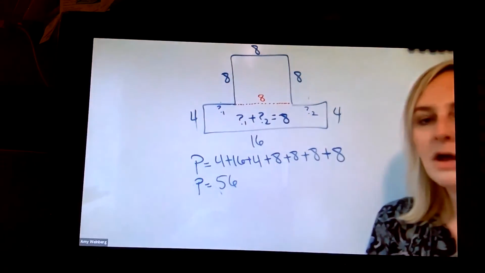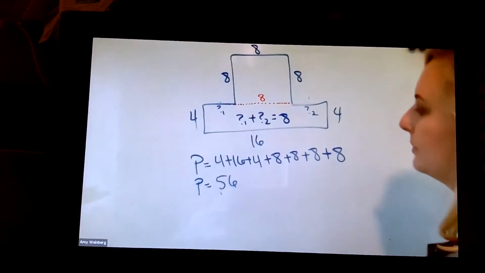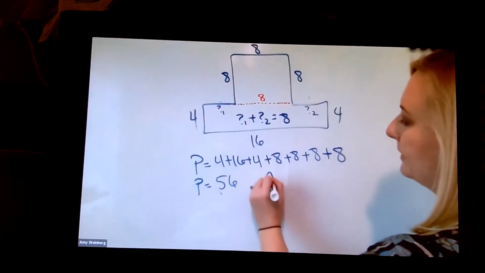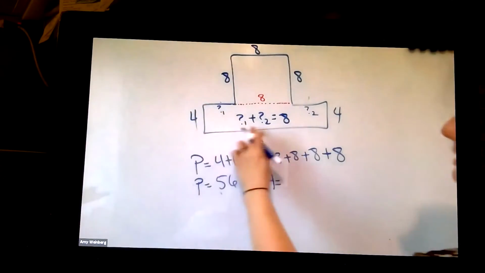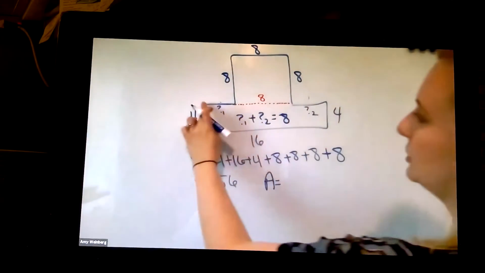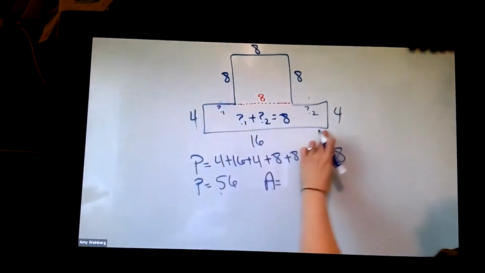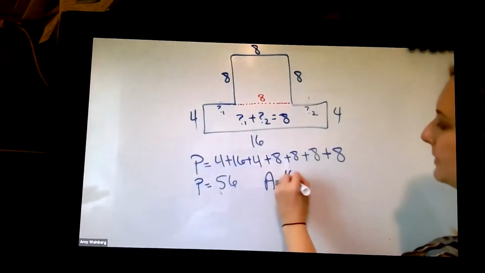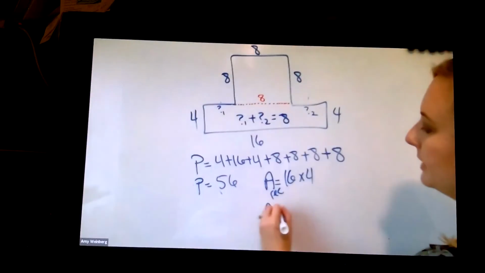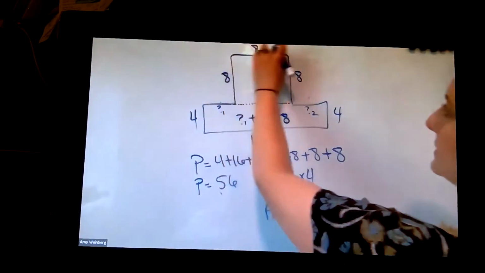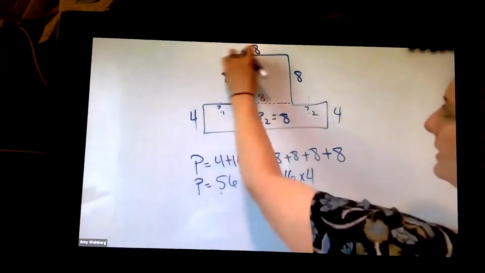So now that I've done all of that work, it actually ends up being pretty easy to find my area. Okay. So the first thing I'm going to do is find the area of just this guy. Well, side by side, so that's 16 times 4. So that's the rectangle. Then I'm going to find the area of just this square, okay, to add that on.